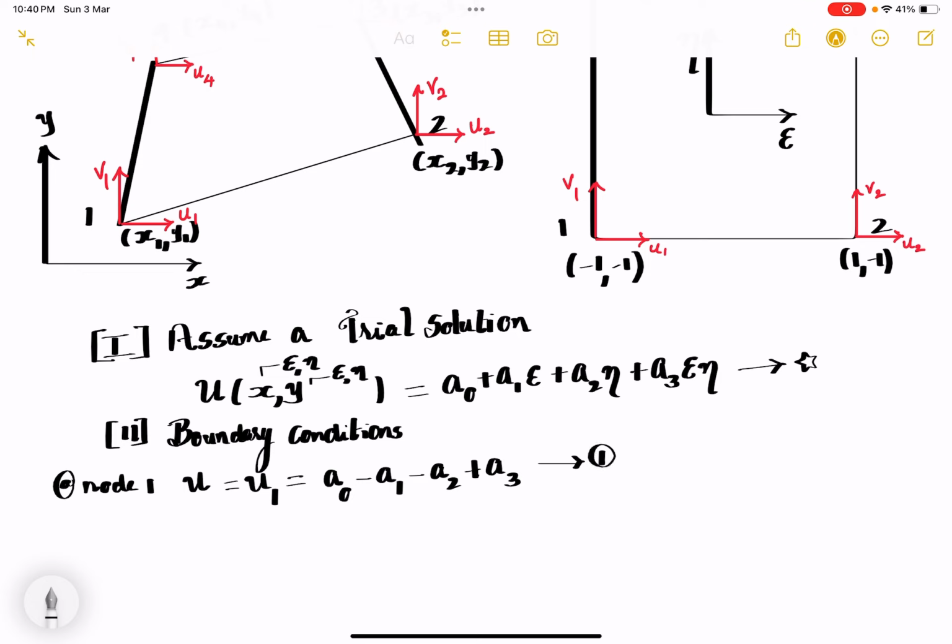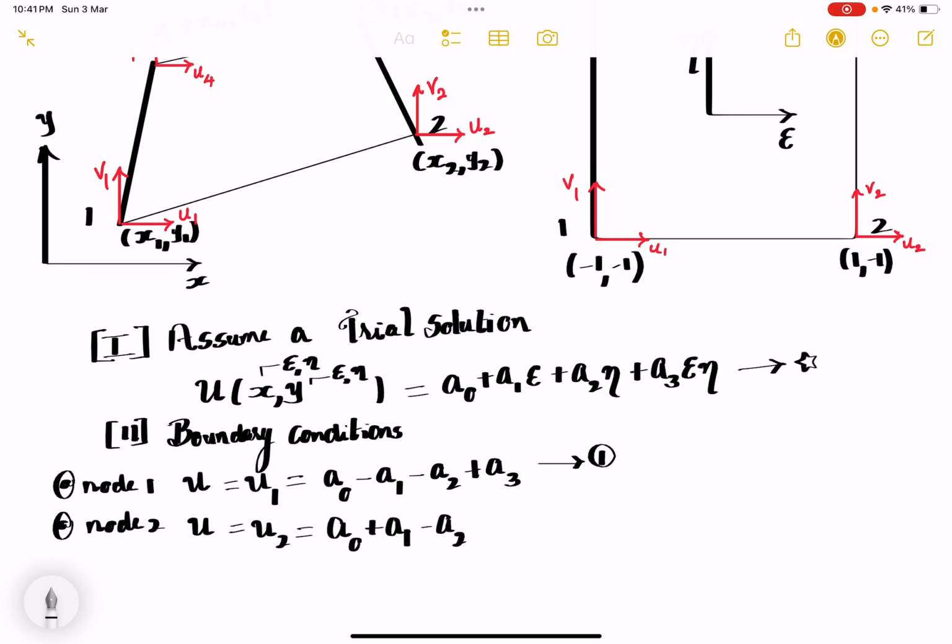Okay, so let me apply the second boundary condition. At nodal point number 2, the value of u is u2. So the trial solution is saying a0 plus a1 epsilon. The value of epsilon is 1, and the eta is -1, so that becomes minus a2.